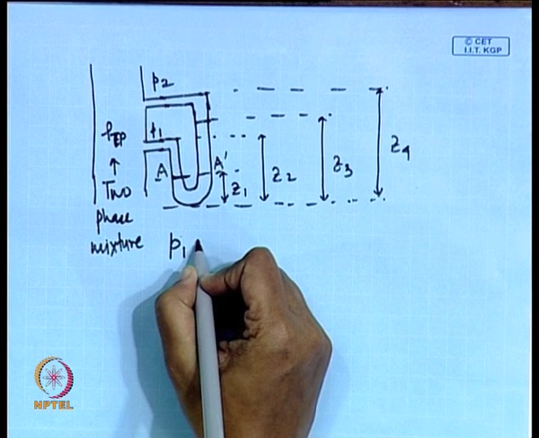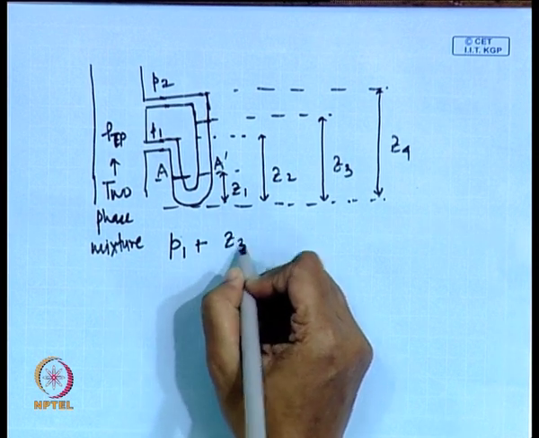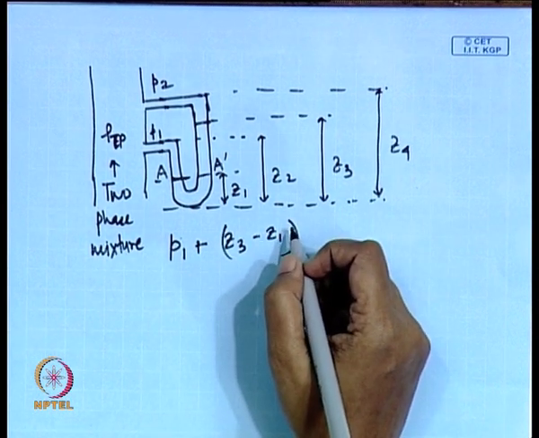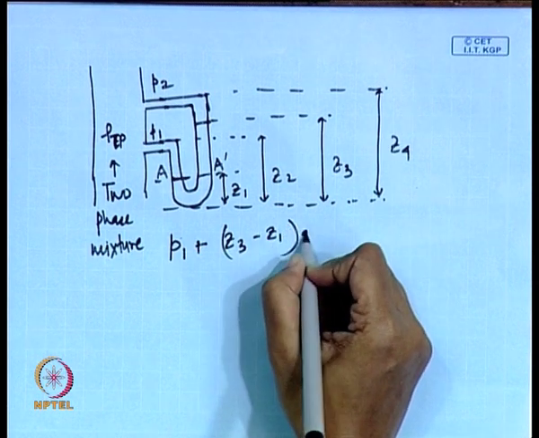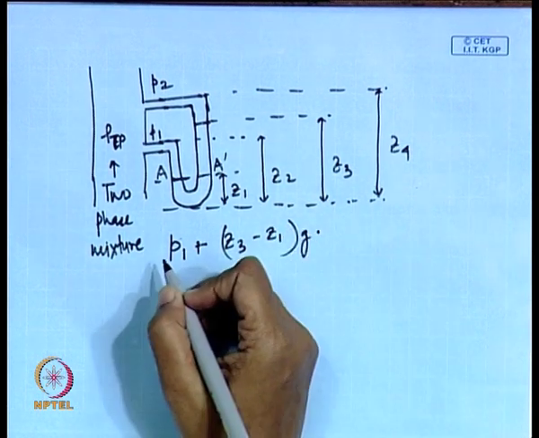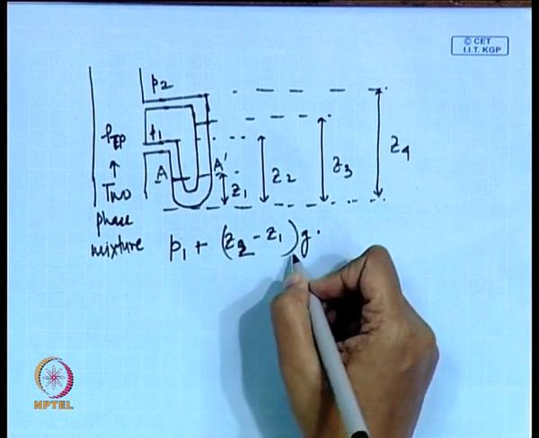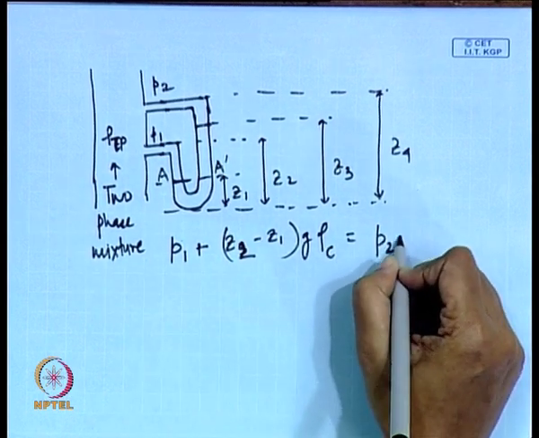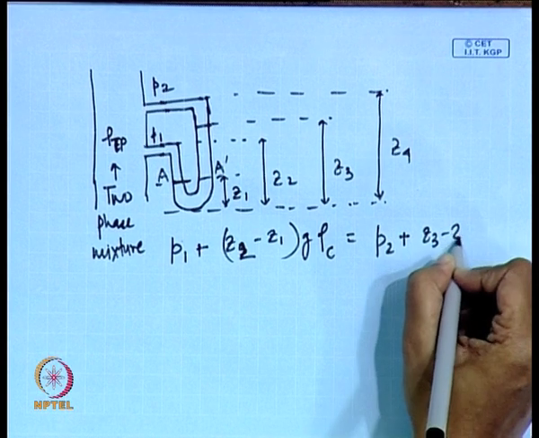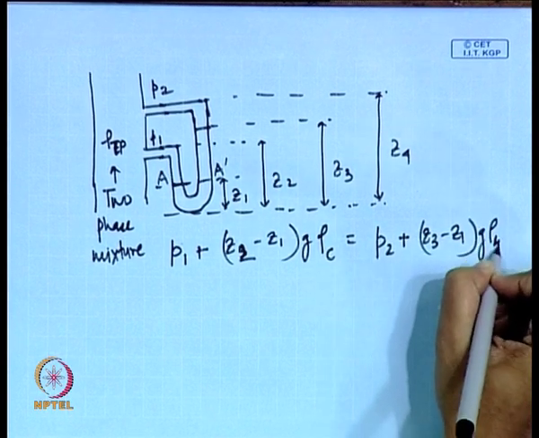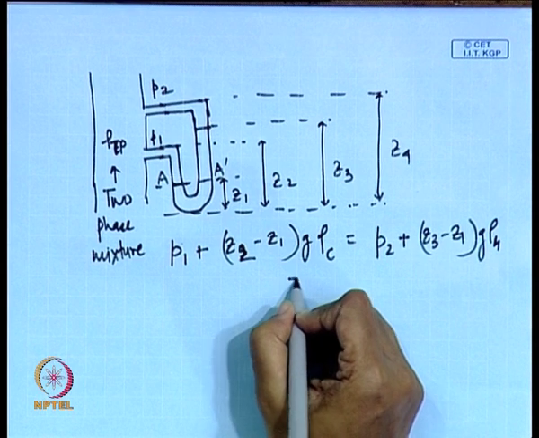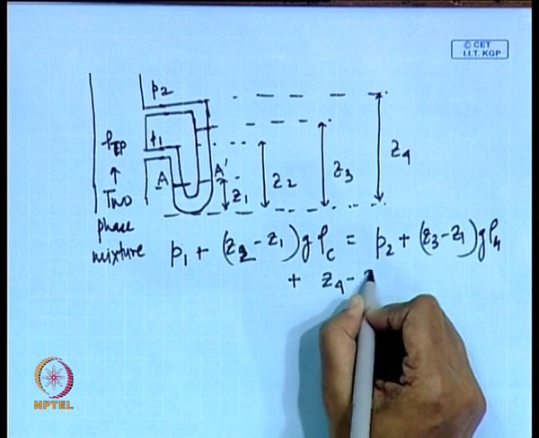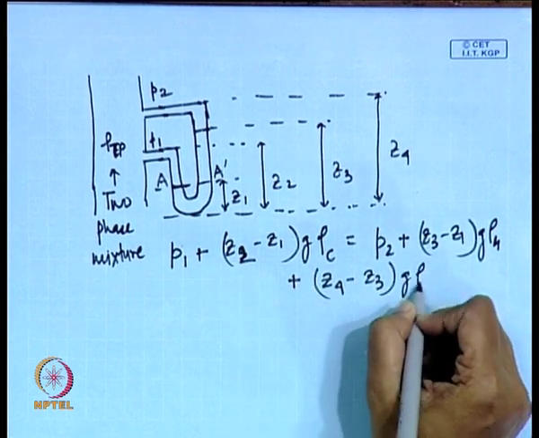It is P1 plus Z2 minus Z1 G rho C, and this is equal to P2 plus Z3 minus Z1 G rho M, plus Z4 minus Z3 G rho C.